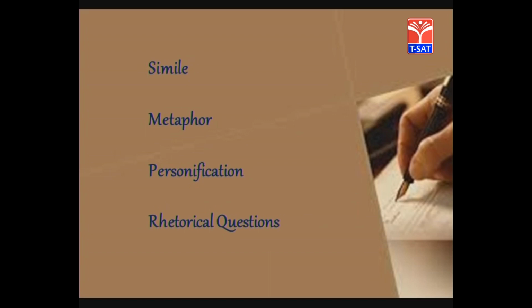Apart from this, we have certain features of writing like simile. Jhansi fought like a lion in the war field. Metaphor, where we take the role. Jhansi was a lion in the war field. Next, personification, that is, the flowers were dancing.